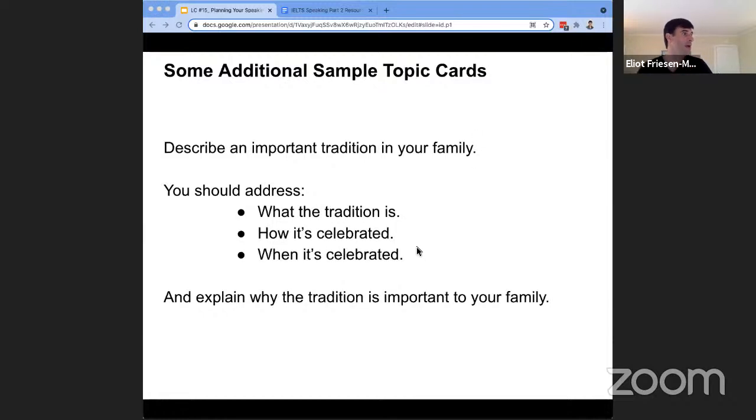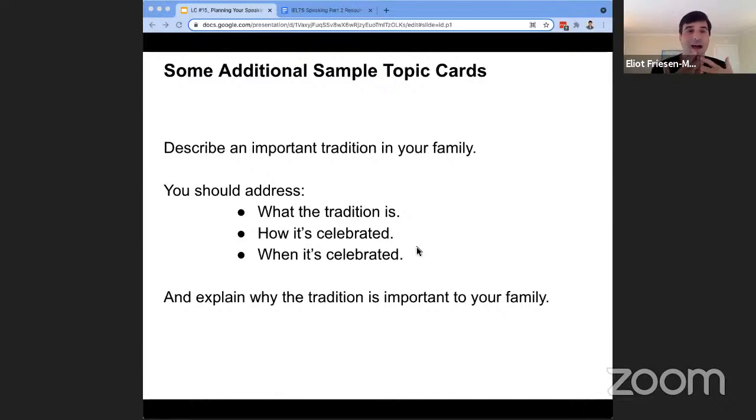Here's another one. Describe an important tradition in your family. You should address what the tradition is. Naming the tradition is pretty quick and easy. How it's celebrated. Oh, okay, what do you have to do for this tradition? Perhaps you're aware of American Thanksgiving.